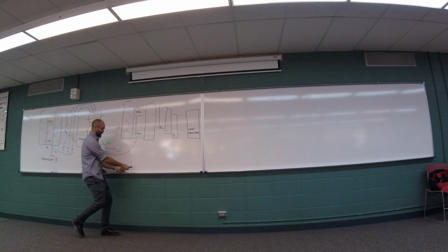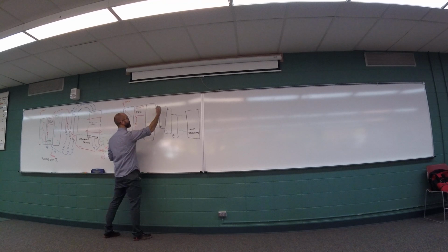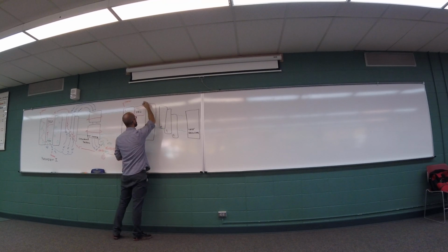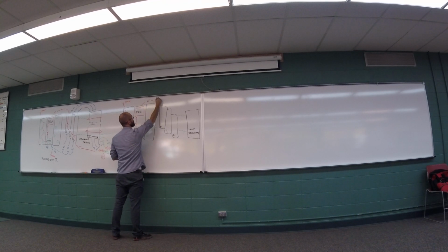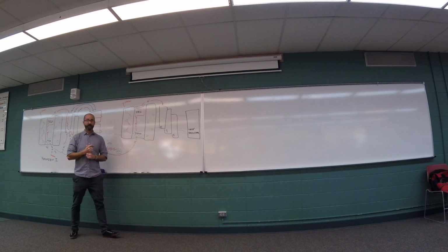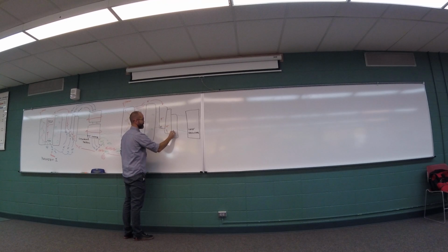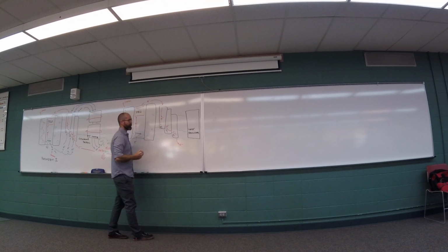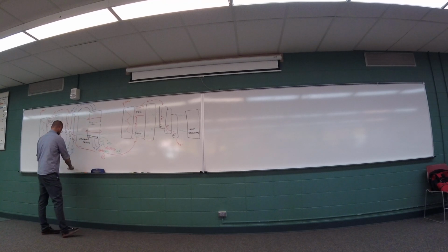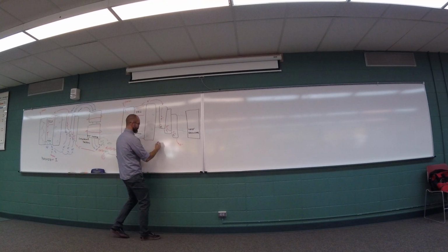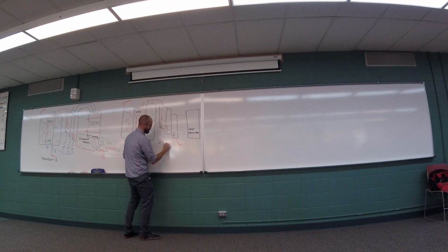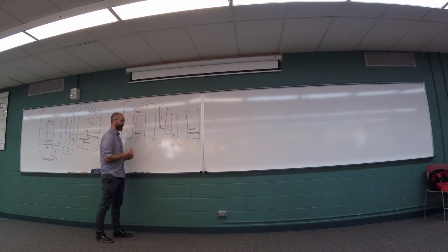So same thing's going to happen, right? We're going to have this electron that leaves our primary electron acceptor and then falls down our electron transport chain. And then it eventually falls out. Same thing, you're going to get H pluses over here.